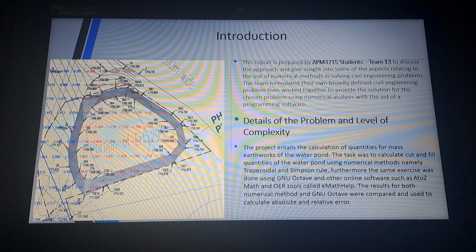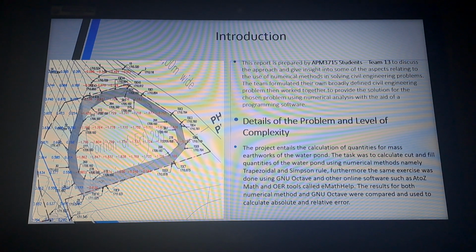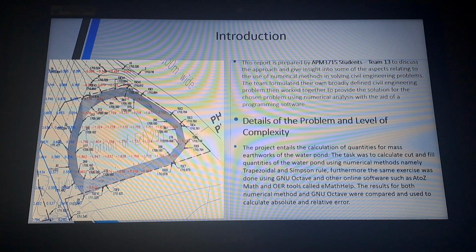The project entails the calculation of quantities for mass earthworks of a water pond.